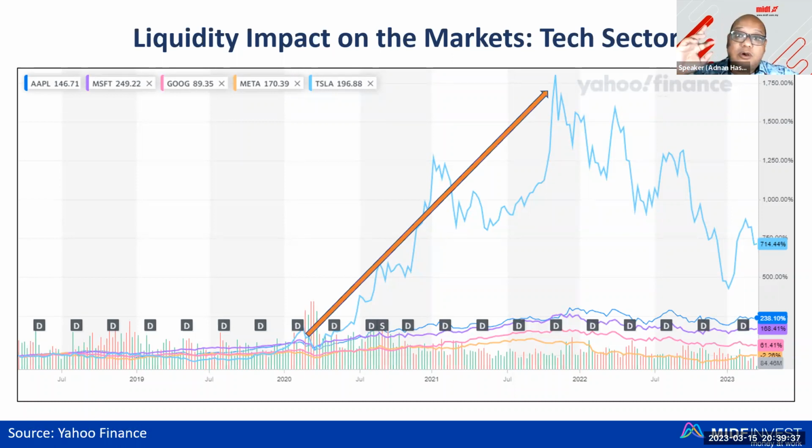And if we compare what happened in the Malaysian market versus the markets over in the United States, we could see that over in the US, a lot of tech stocks, in fact a lot of stocks, did very, very well.